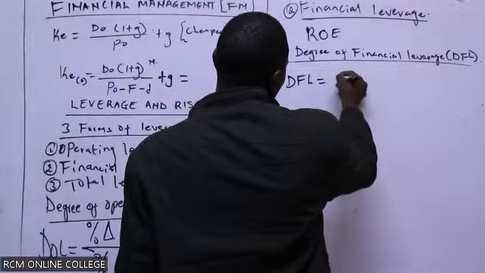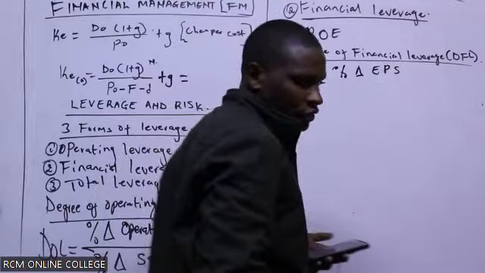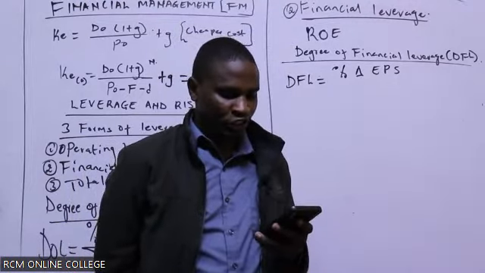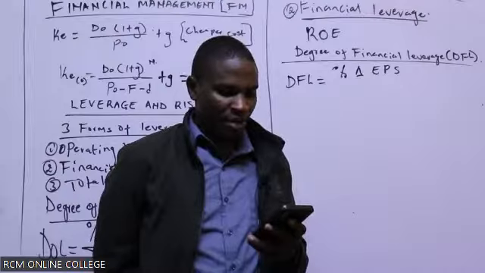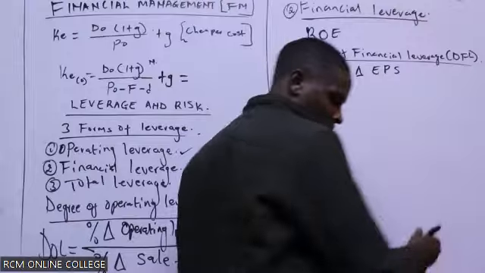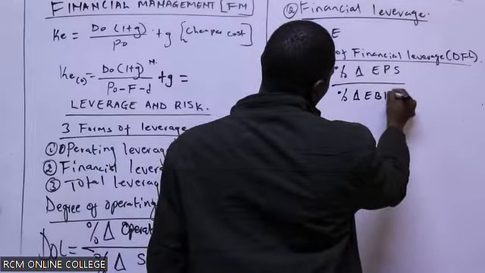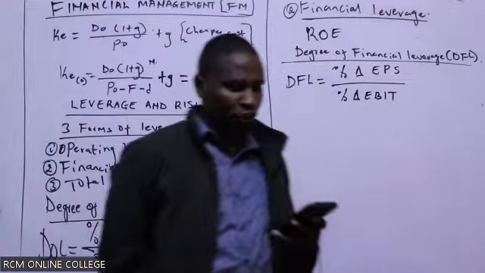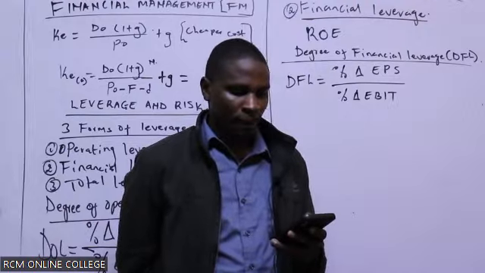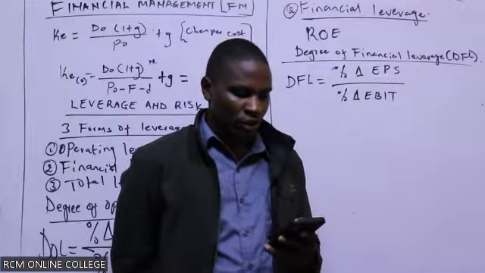DFL is equal to percentage change in earning per share divided by the percentage change in earning before interest and tax. Earning before what? Interest and tax.